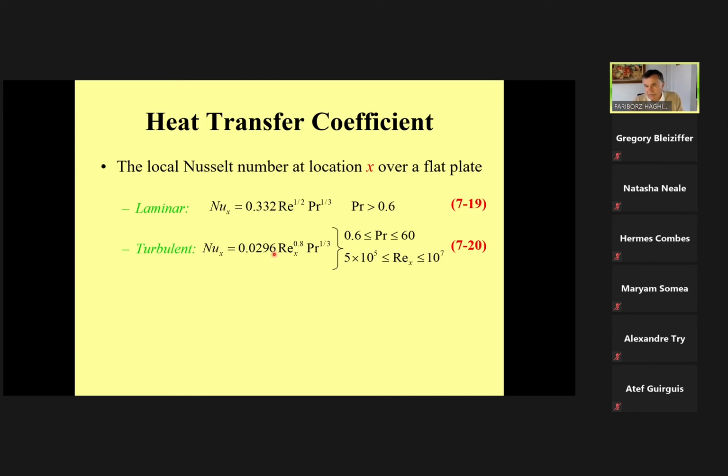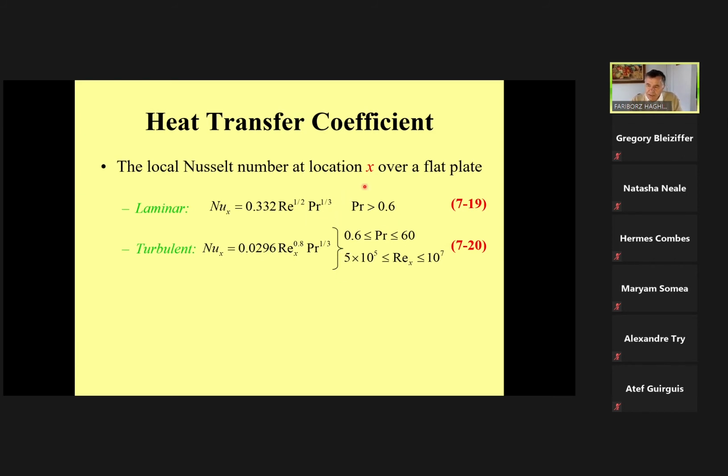This coefficient, just for your general information as an engineer, for laminar flow is a power of 0.5. For turbulent, it is a power of 0.8. This is just general engineering knowledge for flow over a flat plate. For turbulent, it is this one here. You don't need to memorize it, just know this is the way it is.